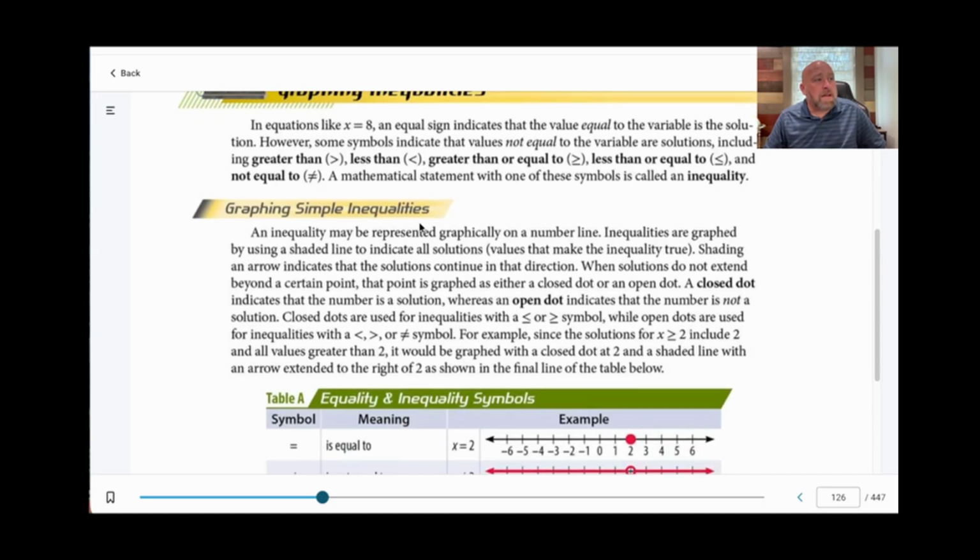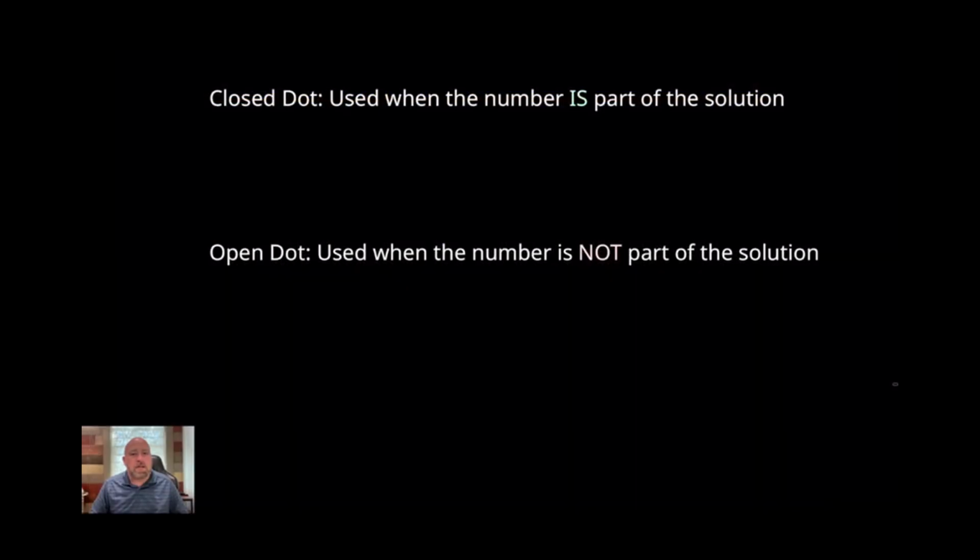When we're graphing, there are a couple of things, and you can see them here on page 126: the closed dot and the open dot. Let's go over here to the screen, and we'll talk a little more about the closed and open dot. The closed dot is used when the number is part of the solution.